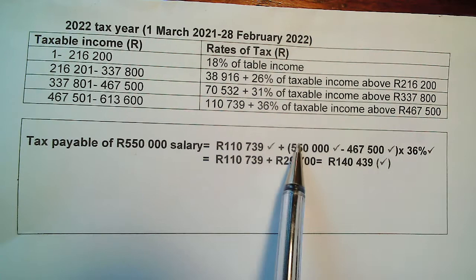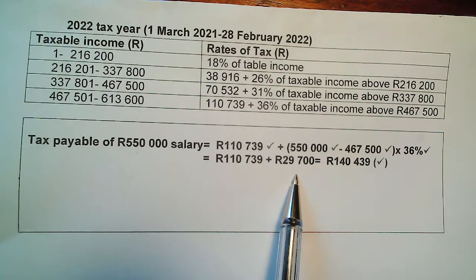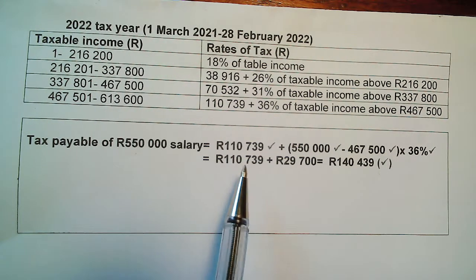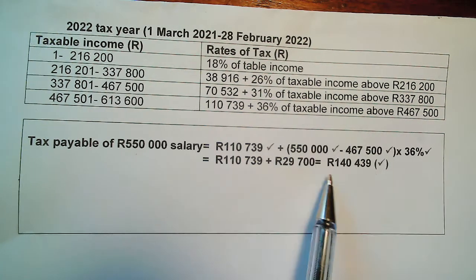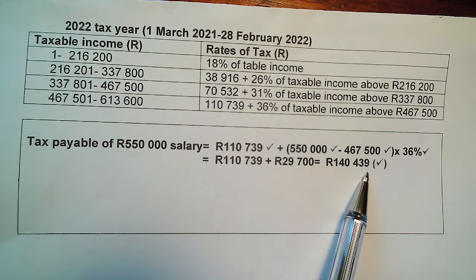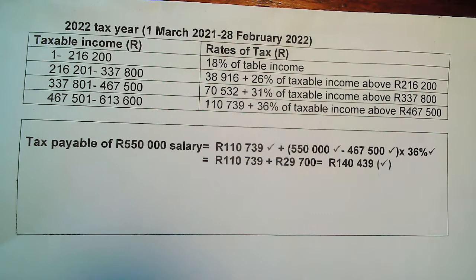If I multiply this amount times 36%, I get 29,700. So therefore the tax will be the 110,739 plus the 29,700 to get me to 140,439. Okay, so I'm going to explain it again.